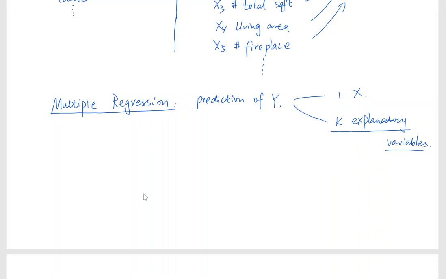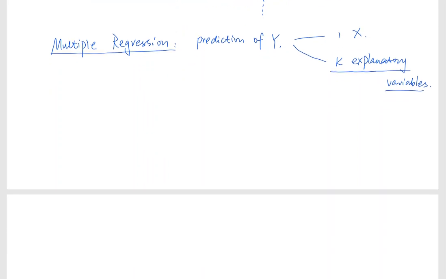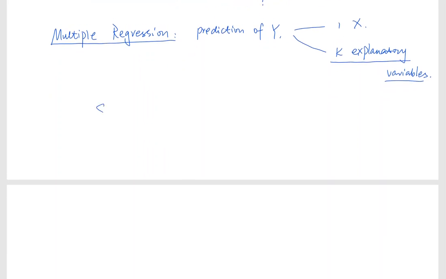right? So for the multiple regression, we still need a sample, and then use this sample to estimate the population. Based on our sample, we get what we call the sample regression. Since it is not linear regression anymore, we just call it a sample regression equation.